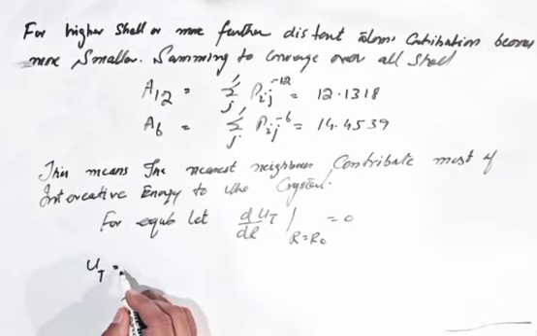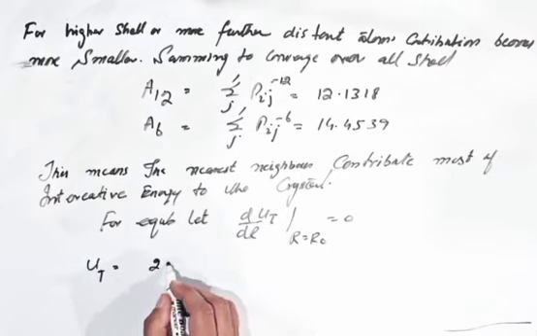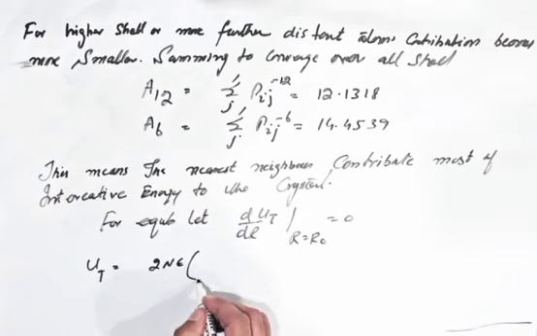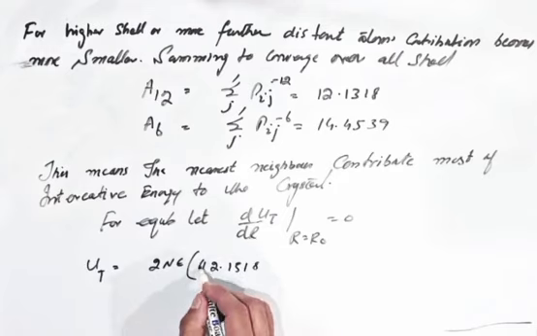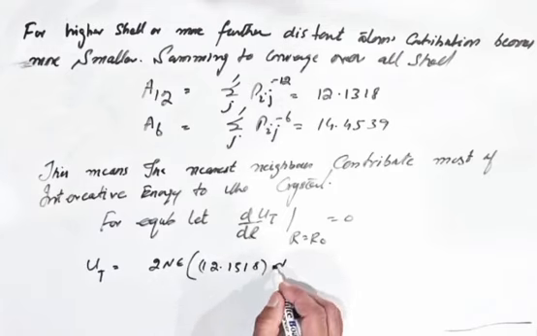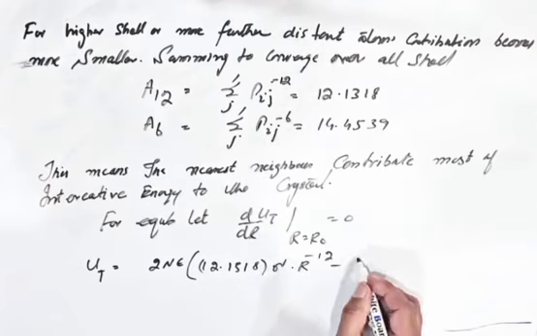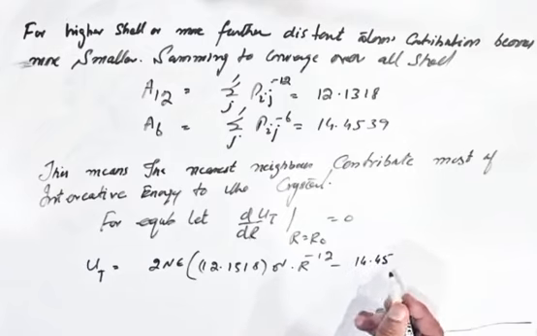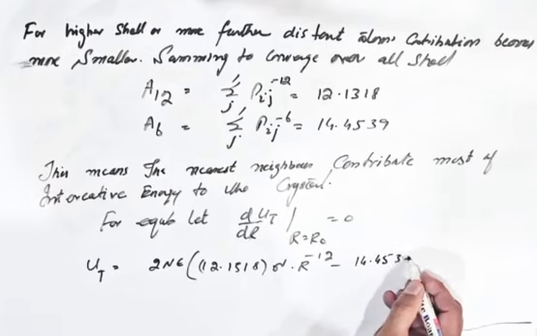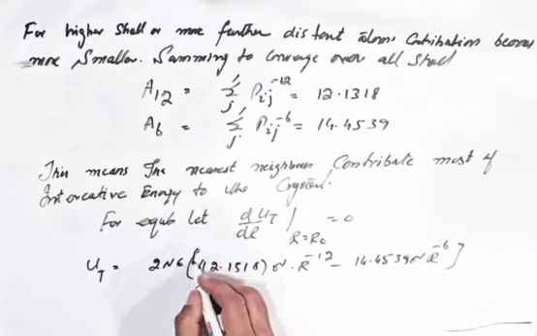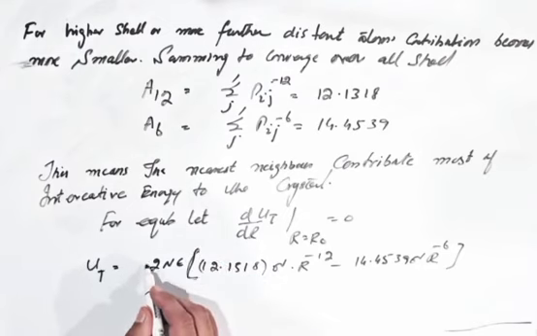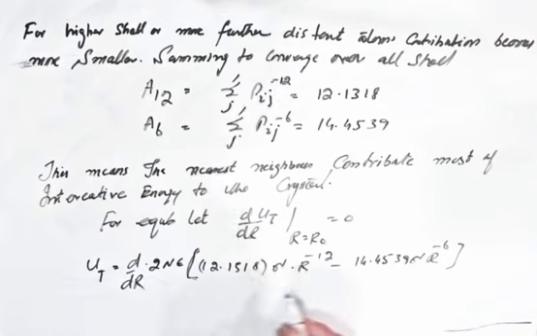We get U total is 2Ne [A12, which is 12.1318, sigma to the power 12 r to the power minus 12, minus A6, which is 14.4539, sigma to the power 6 r to the power minus 6], and d/dr equal to 0.